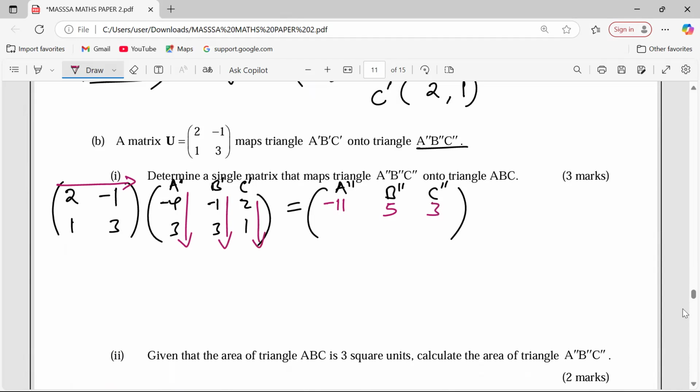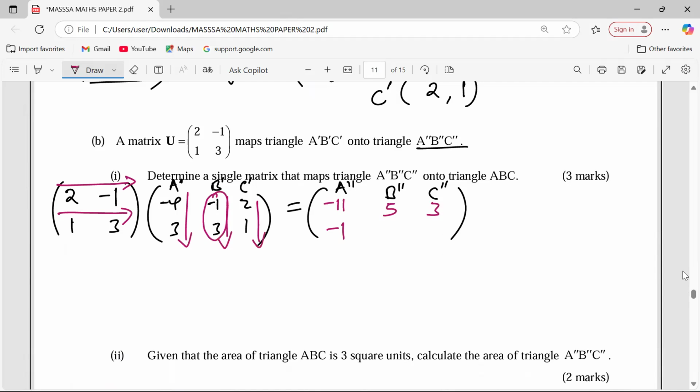Then on the other side now, I have to take the second row times the first column. You know the second row is having 1. I multiply this by negative 4. Then 3 by 3. Yeah, 3 by 3. So this is giving us negative 1. The next, the same row and the next column here. So 1 into negative 1.